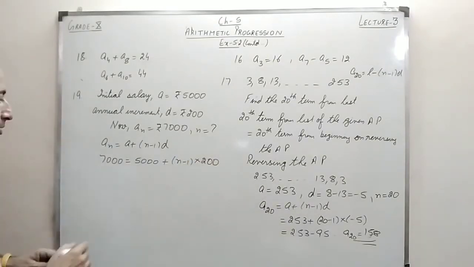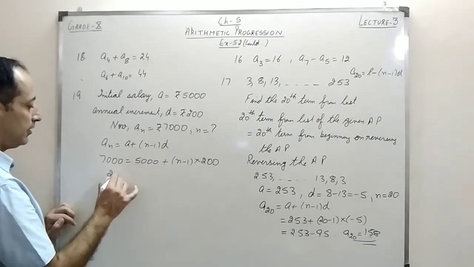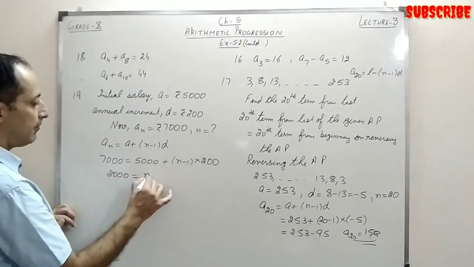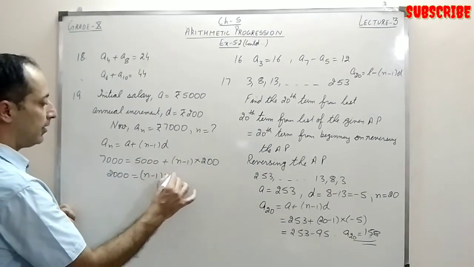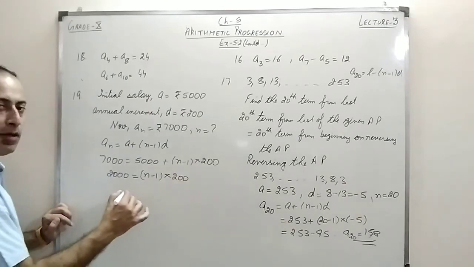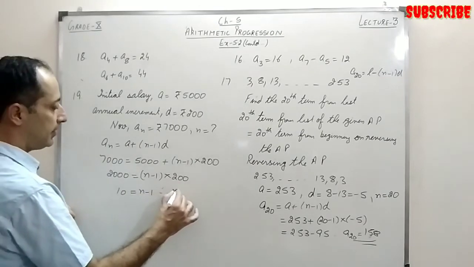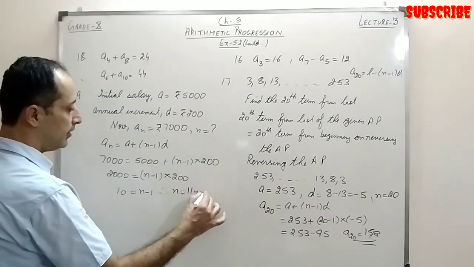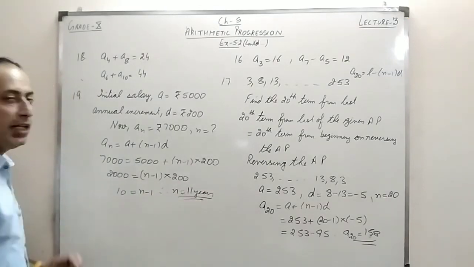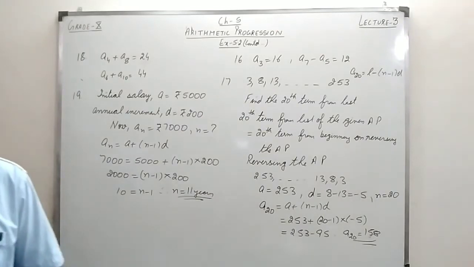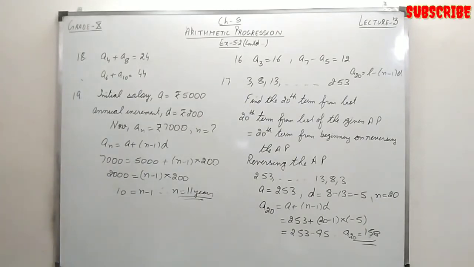Subtract these two, take this to the other side, this is 2000 equal to n minus 1 into 200, and then you divide by 200, you get 10 equal to n minus 1. It means n is equal to 11 years. So after 11 years, the salary of Subbarao becomes 7,000, right?